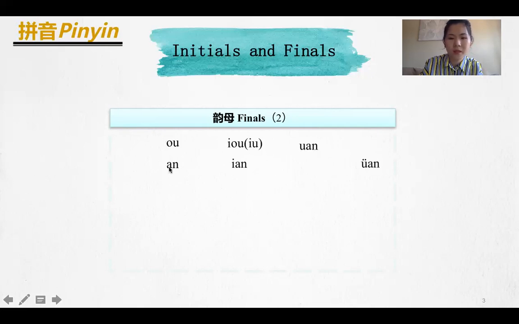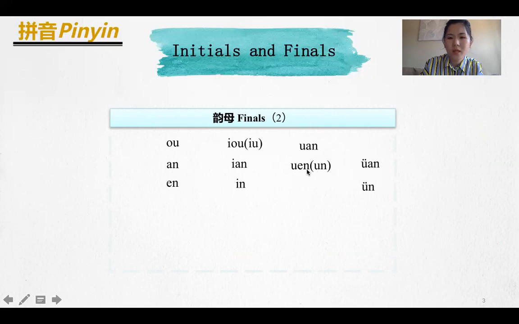This one, an, an, yan, yan. And this one, yuan, yuan, because the first one is yu, right? Yuan. Okay, this one, in, in, and this one, yin, yin.